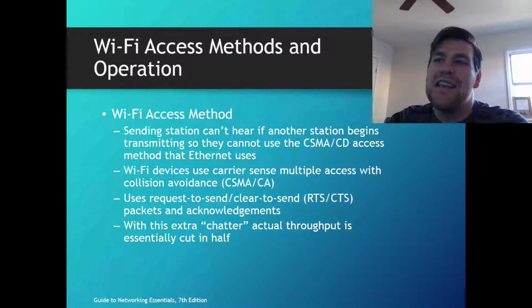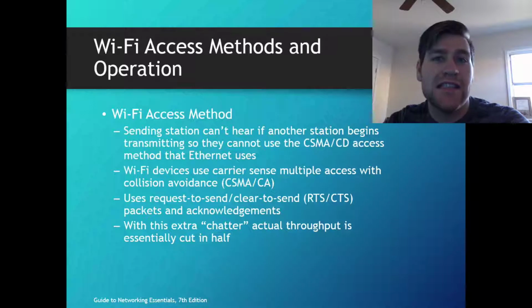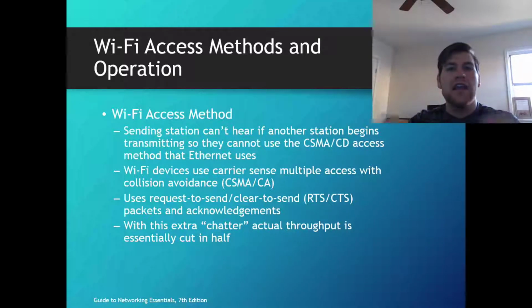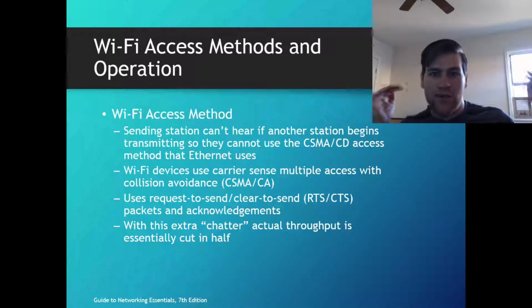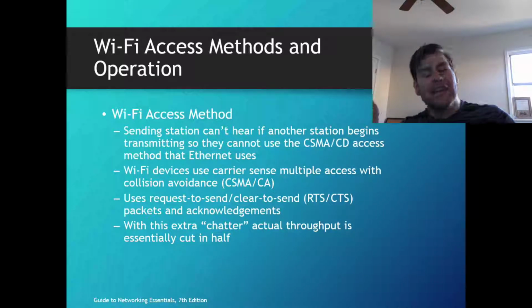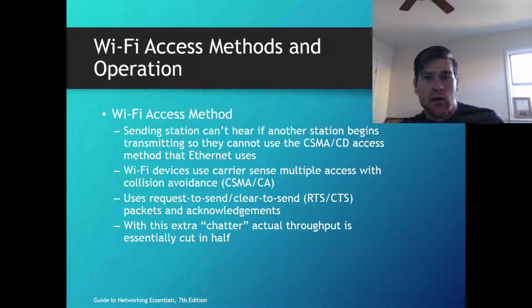In Ethernet, they can't hear if another station is transmitting unless they already hear it, right? So they can hear it if they already hear it, but if nobody is transmitting and two devices transmit at the same moment in Ethernet, then a collision will occur, and that's why they use collision detection. They detect a collision, they retransmit, right?